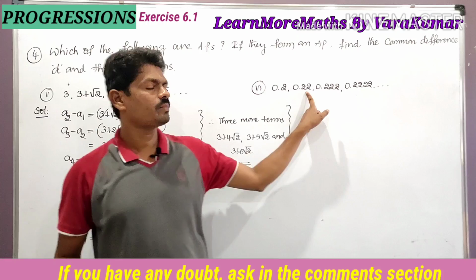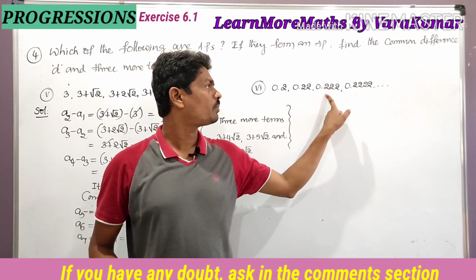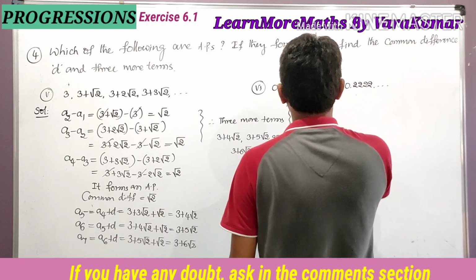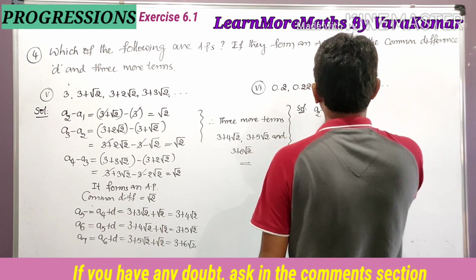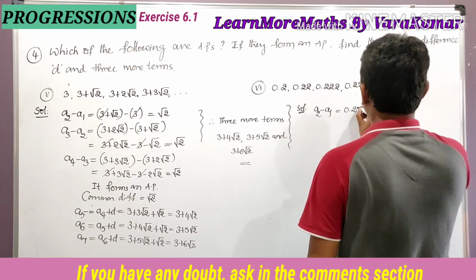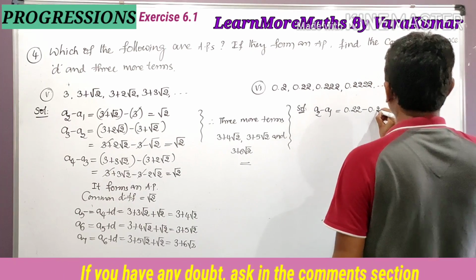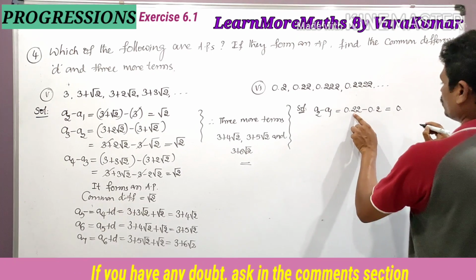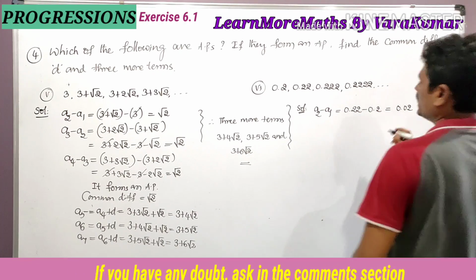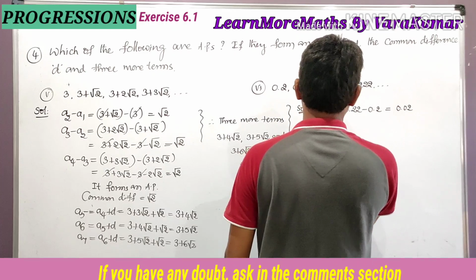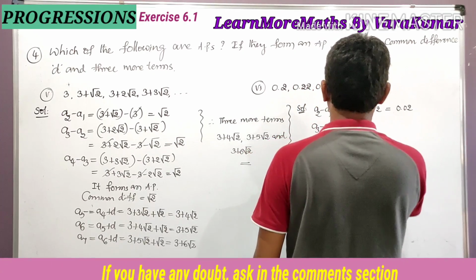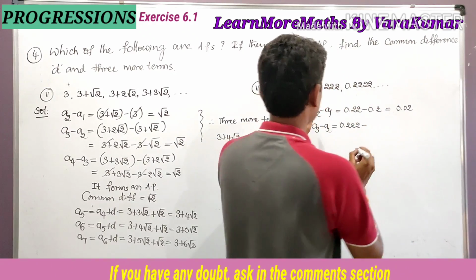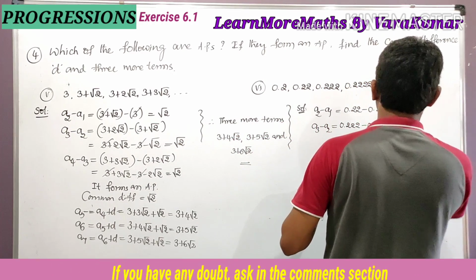0.2, 0.22, 0.222, 0.2222 and so on. So again we have to find the common difference. a2 minus a1 is equal to 0.22 minus 0.2. So that is 0.02, student. So next a3 minus a2 is equal to: a3 is 0.222 minus a2 which is 0.22.